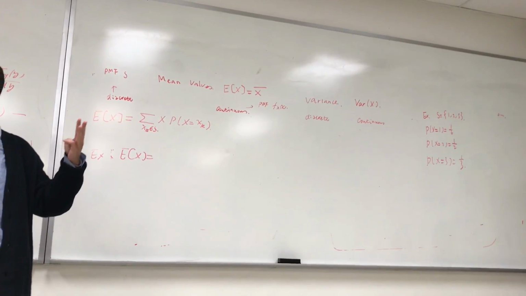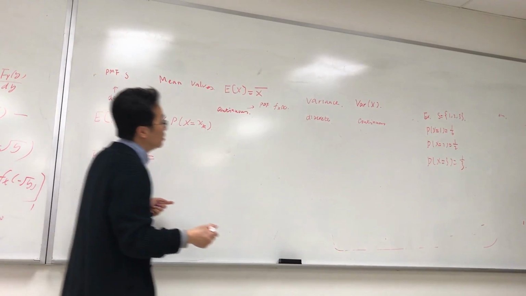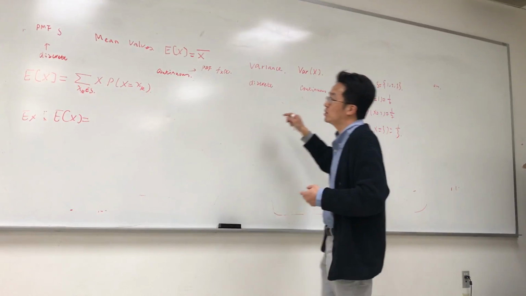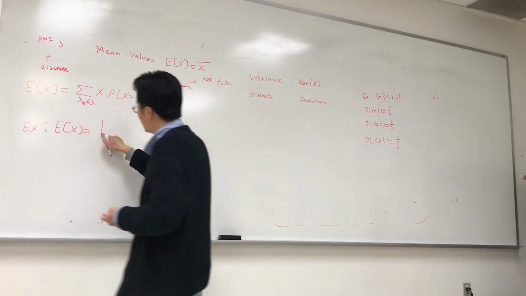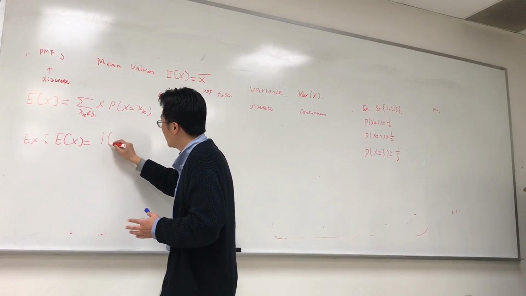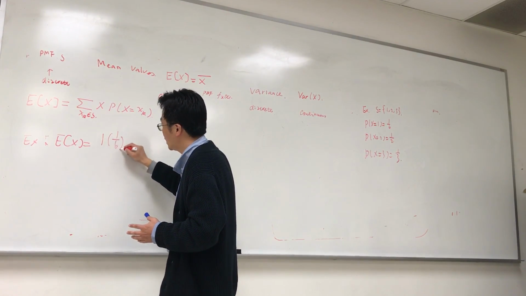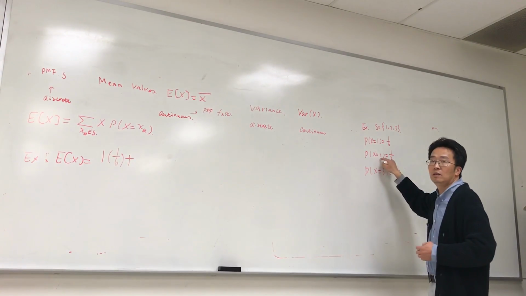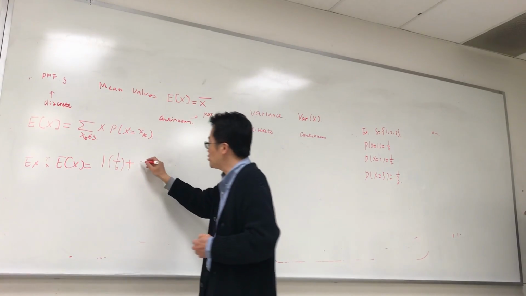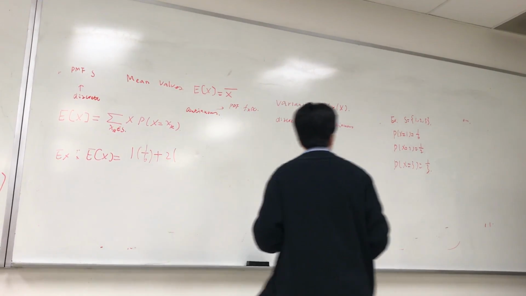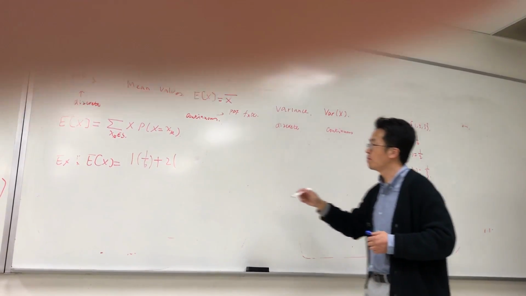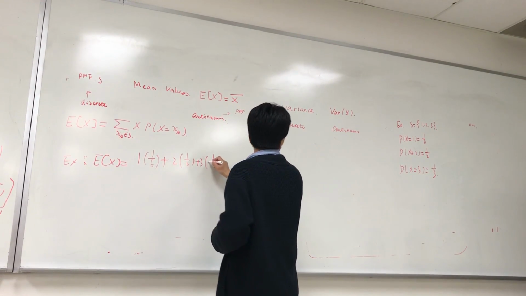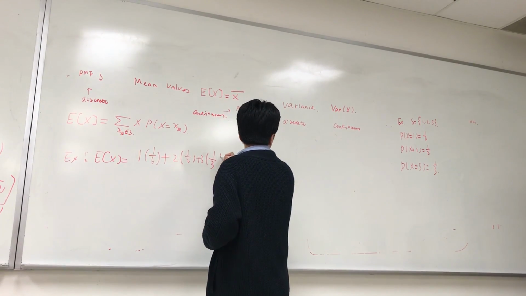3 possibilities, right? And when x equals 1, the probability is 1 over 6, so it will be 1, that's the value of x, times the corresponding probability, which is 1 over 6. And then plus 2, that's the second realization, times the corresponding probability, which is 1 over 2, plus 3 times 1 over 3.